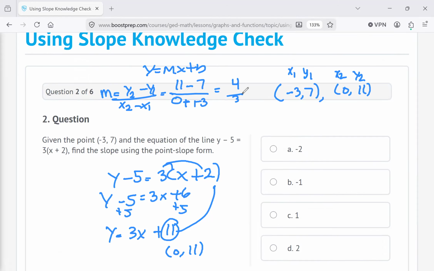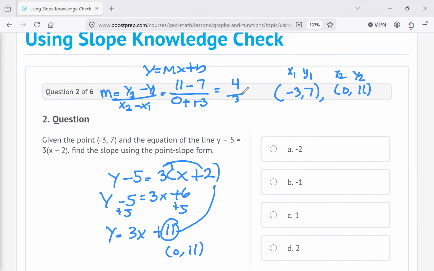Okay, so oh my God, this is weird. I don't see my answer. I put it in ChatGPT and it says the slope is 3, but I don't see my choice.